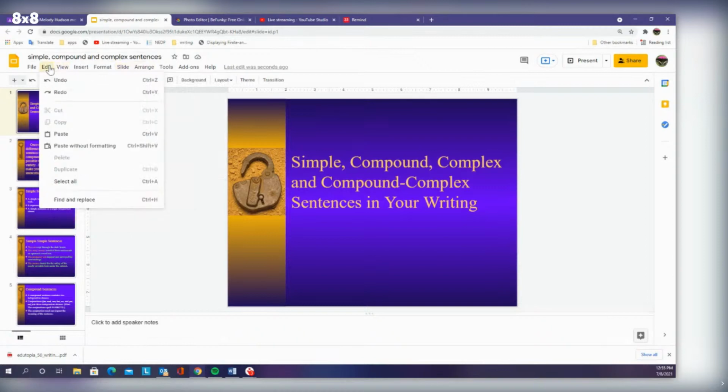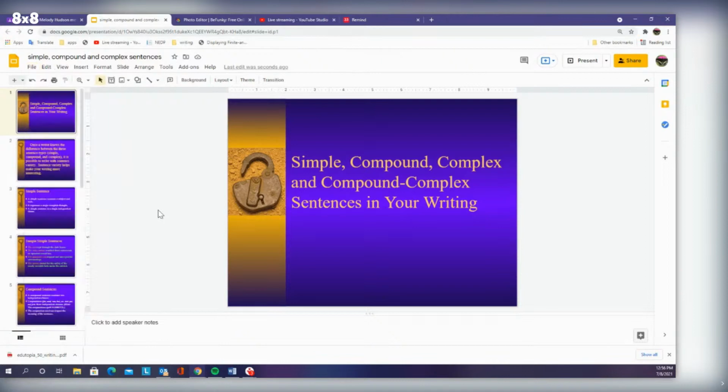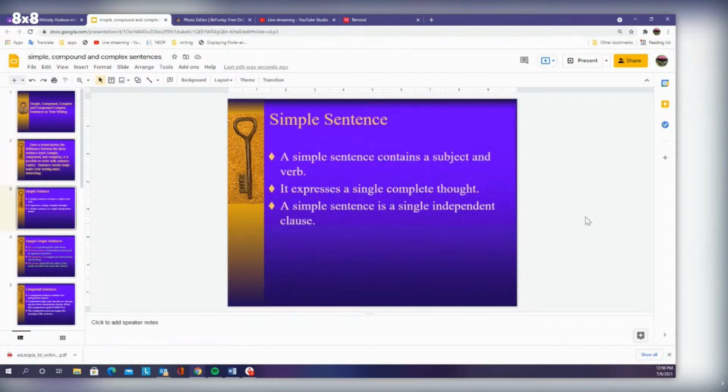Simple, compound, and complex sentences. Once a writer knows the difference between these sentence types, it's possible to write with sentence variety. And sentence variety helps make our sentences more interesting.